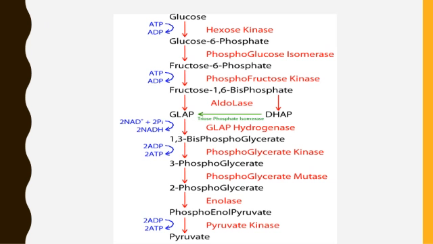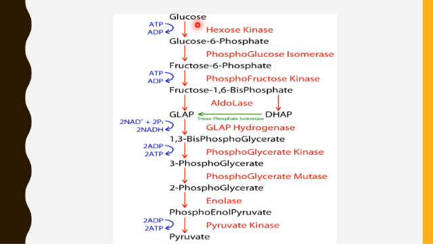Now we will see the systematic reactions by which we get two molecules of pyruvic acid, NADH and ATP. The first step is the conversion of glucose into glucose 6-phosphate by the enzyme hexokinase, with the help of ATP.